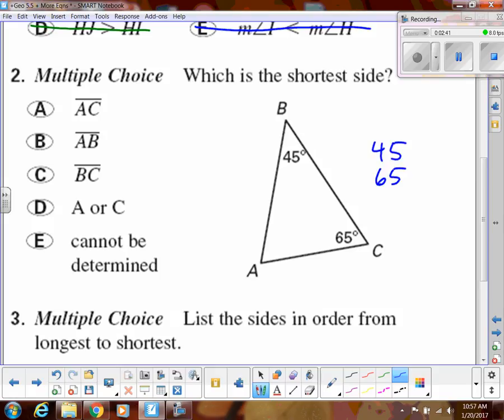If we add those together, we have 110, which means this third angle has to be 70. So which side is the shortest? Well, this is the smallest angle, so AC has to be the shortest side. So that would be A.